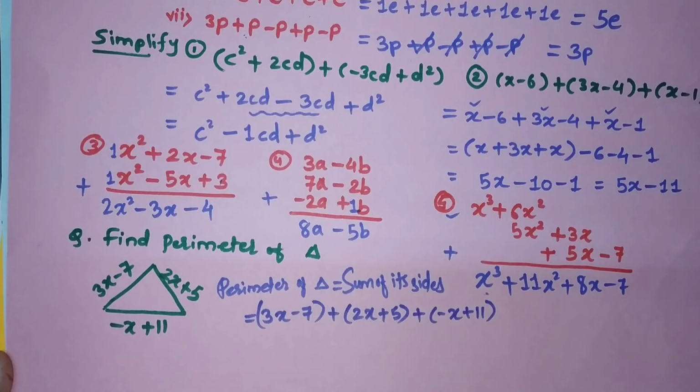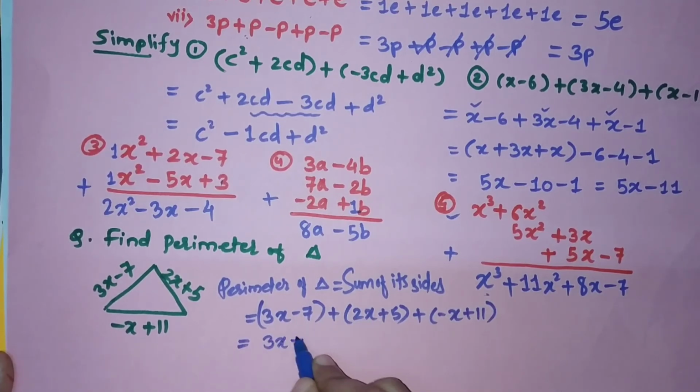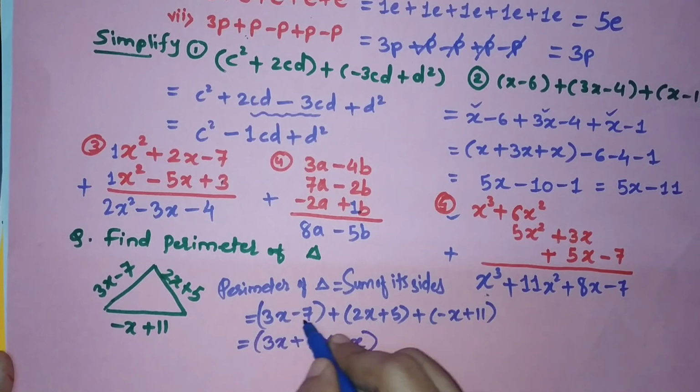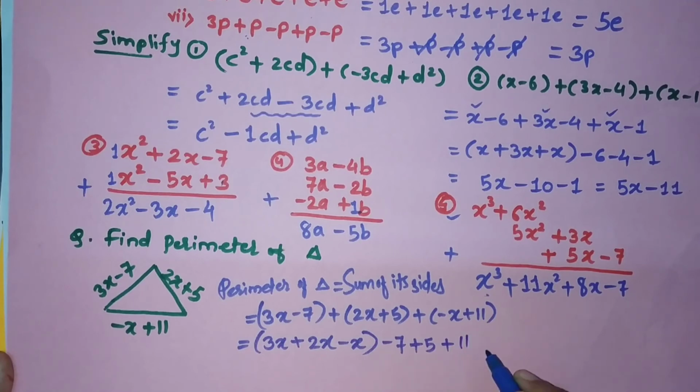So we will simplify and add them. First our duty is to get the like terms together. So here 3x, this 2x, and one more is minus x. These are the like terms having x as a variable with power 1. And then we'll write the remaining constants: minus 7, plus 5, and plus 11.